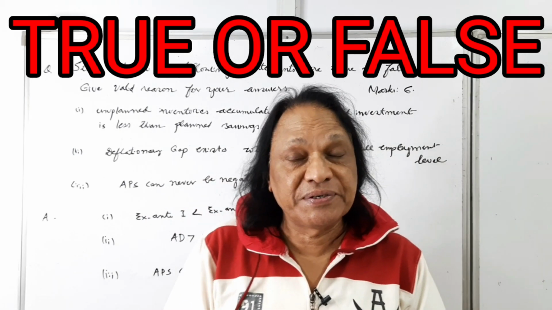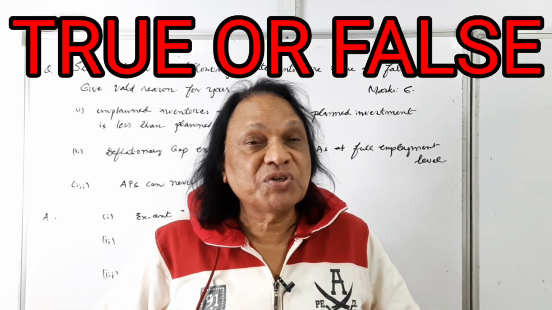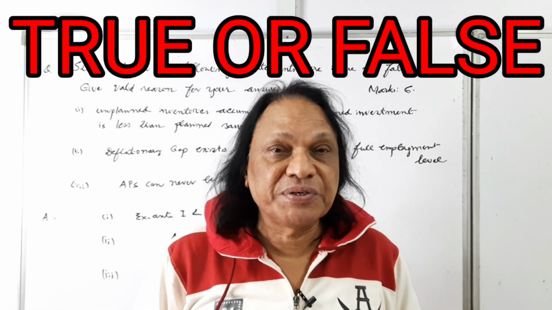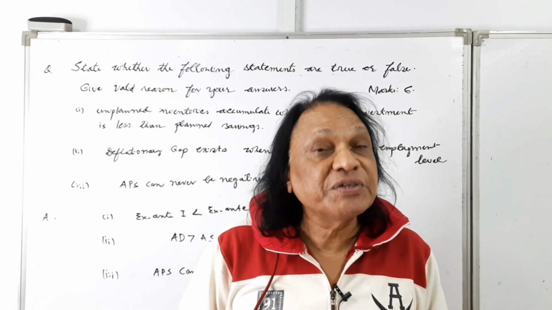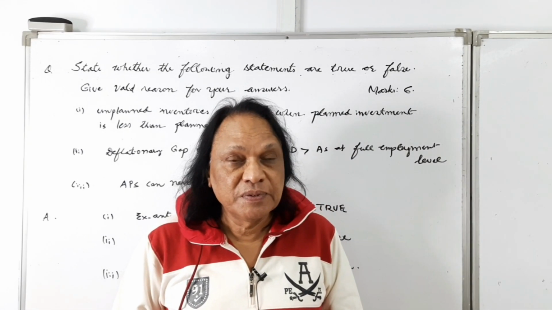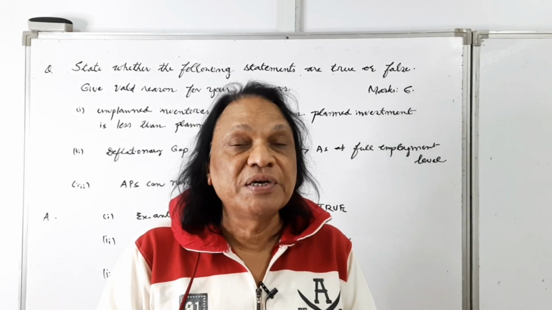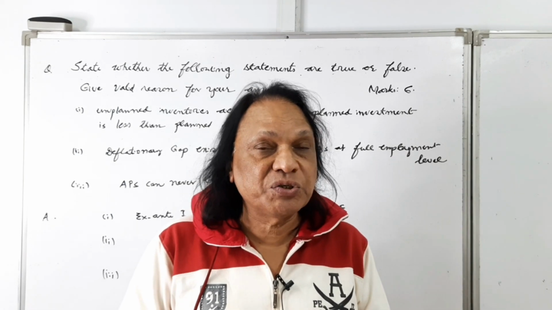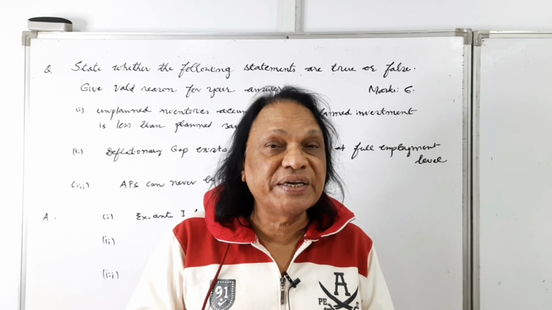I'm Saddam Hussain here. Today we'll discuss some typical questions that appear in the board exams, that is true and false questions. Here you don't have to write much. This question is for 6 marks, divided into 3 parts, so each part carries 2 marks. You are supposed to write maybe 1 sentence each.